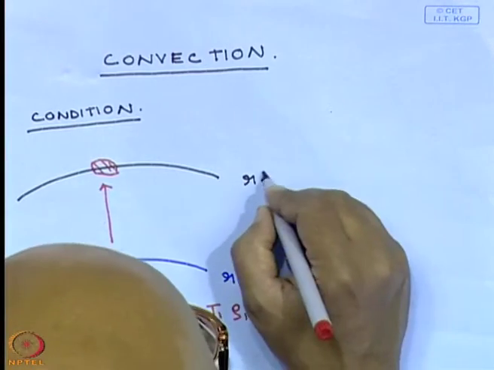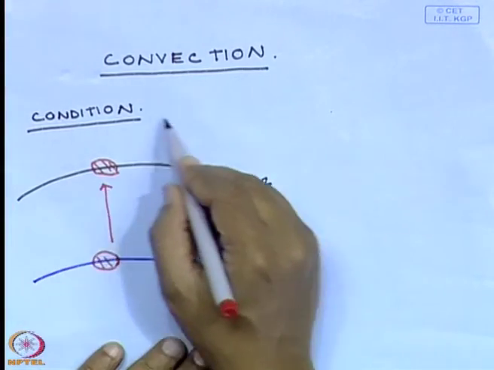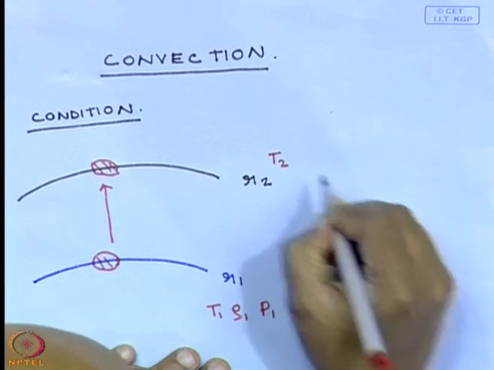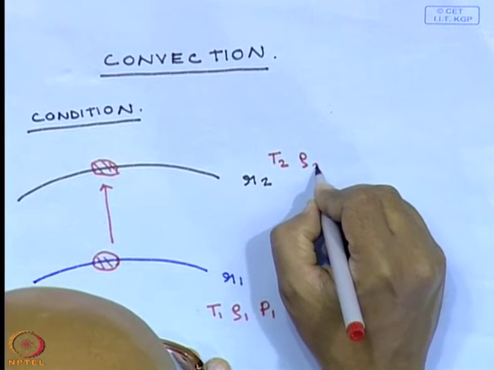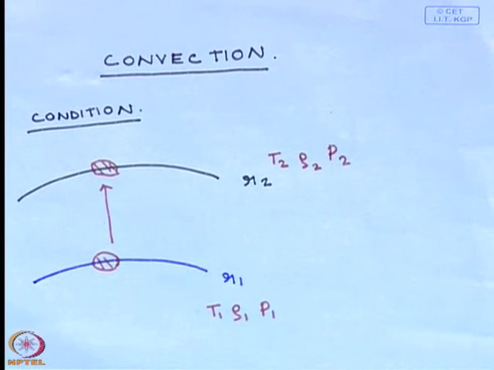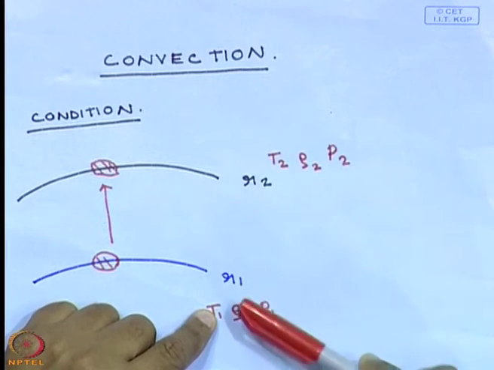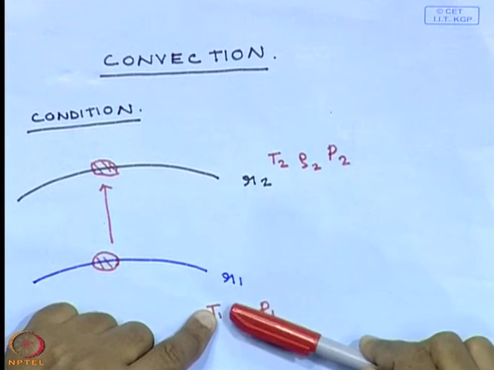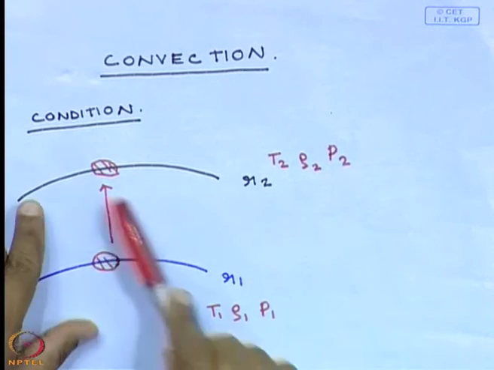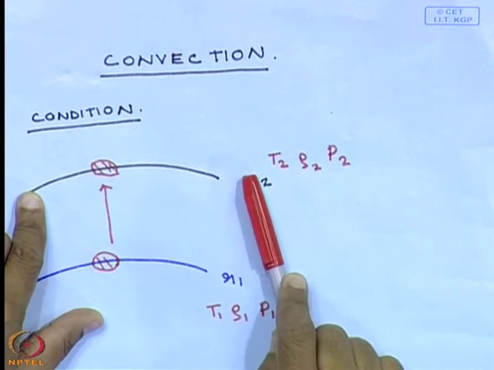Let us say that the ambient temperature of the surrounding is T2, it has density rho 2 and pressure P2. These are determined by the radiative transport of energy.